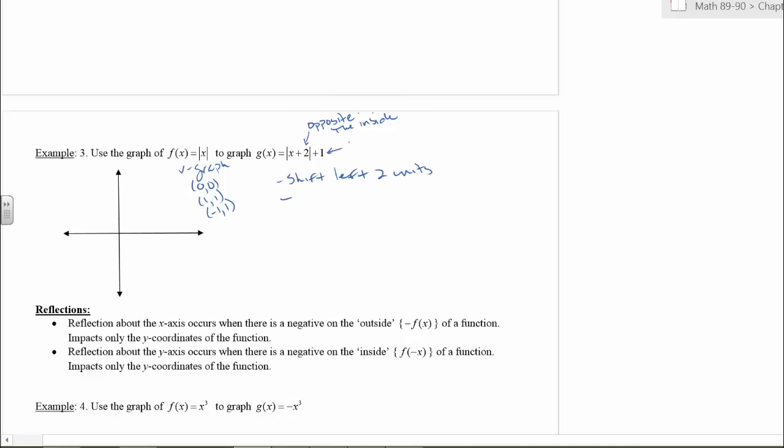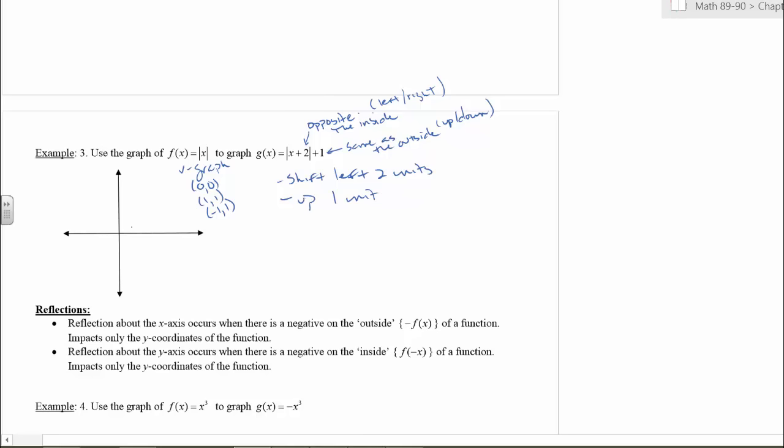You move the same as the outside. That shift is an up-down shift because it's on the outside. So I'll write that here, left-right, and this one is up-down. All right, so this guy, we're going to move up 1 unit.